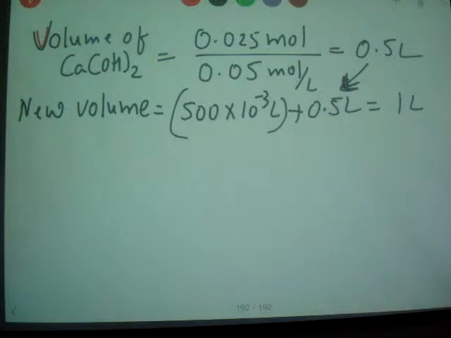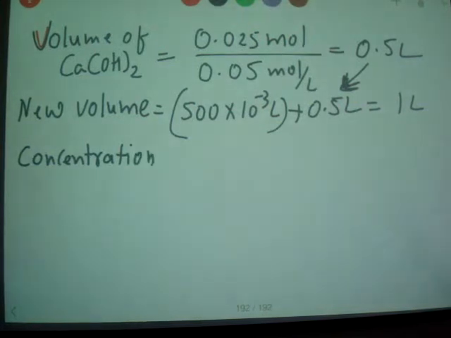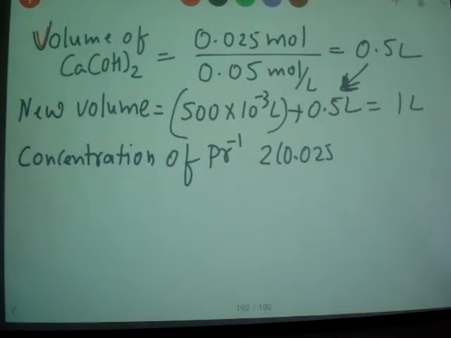Now what will be the concentration of Pr minus? It's 2 times 0.025 molar, so we have 0.05 molar concentration.